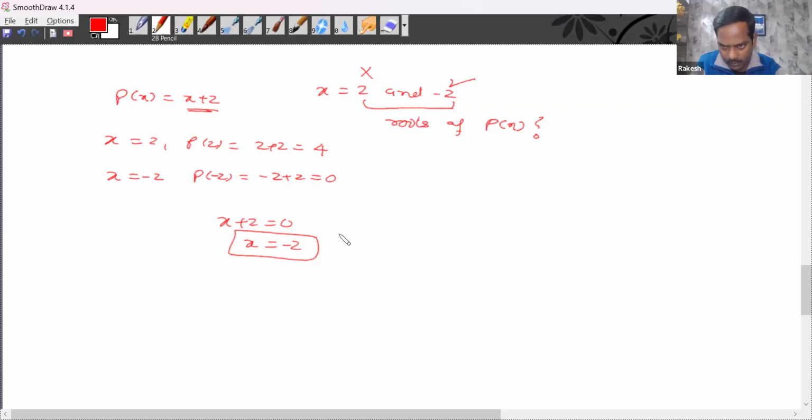So we can find the roots of the polynomial p of x like this also. Right, guys? So this is all about the basic understanding of algebraic expressions, and we have also understood what polynomials are, and the most important thing for this video, which is the root of the polynomial, right? In the next video, we'll be understanding the remainder theorem and factor theorem for polynomials.